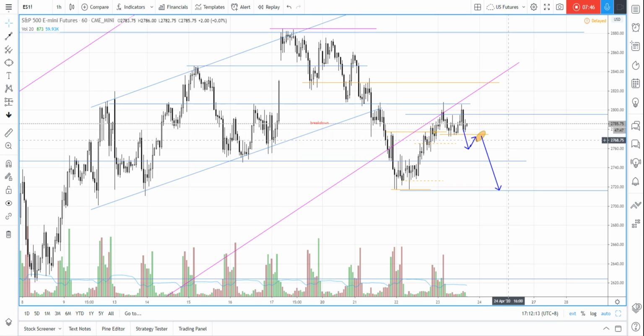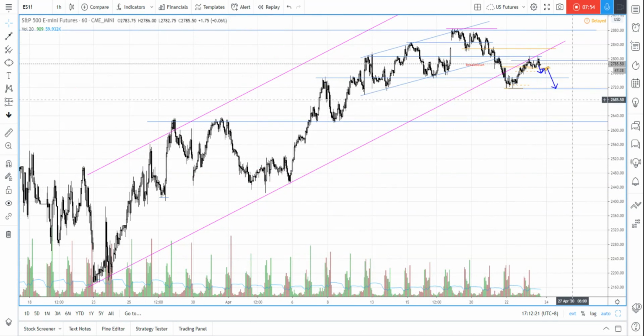The immediate support will be 2750 and the swing low at 2715. So if it breaks below, then definitely 2625. So the bias is still down, and these are the two potential shorting setups that I just showed you.